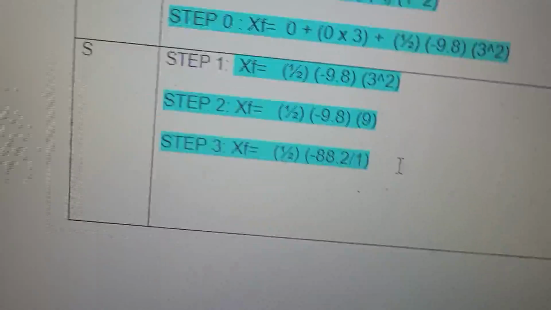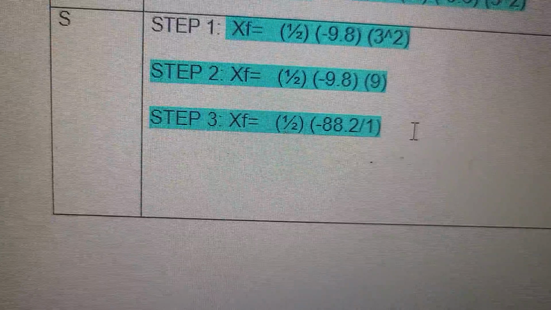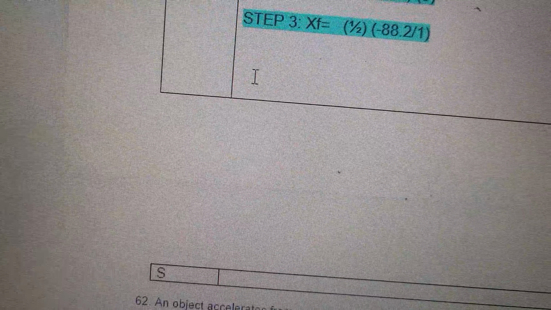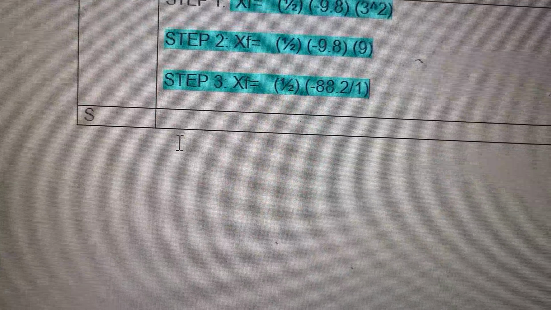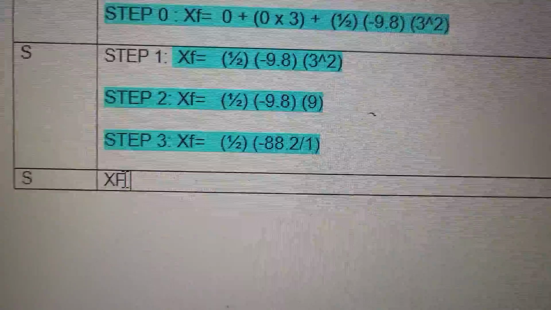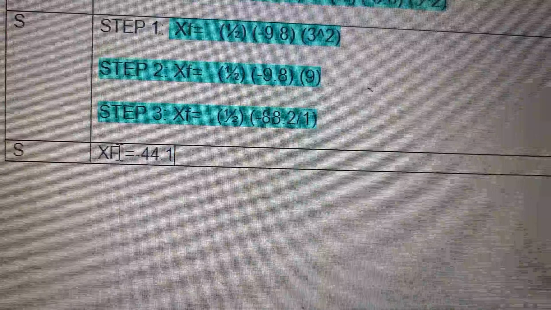What's negative 88.2 divided by 2? Negative 44.1. Okay, could someone confirm that that is truly the answer, please? Yeah. This is true. Okay, so 44.1.